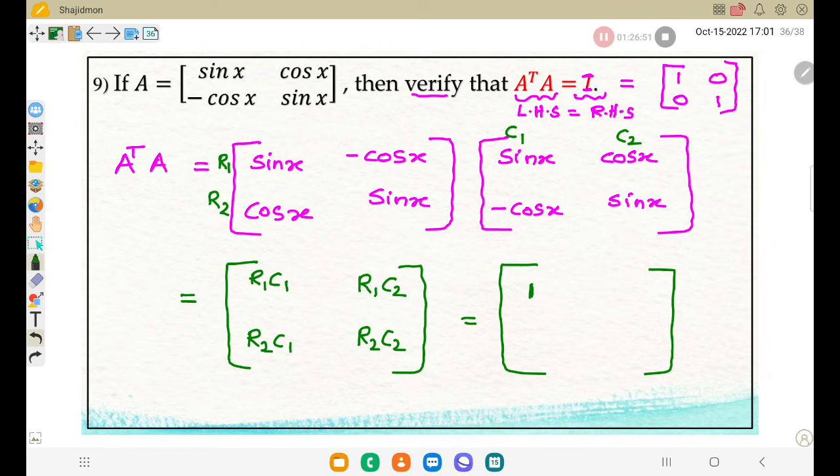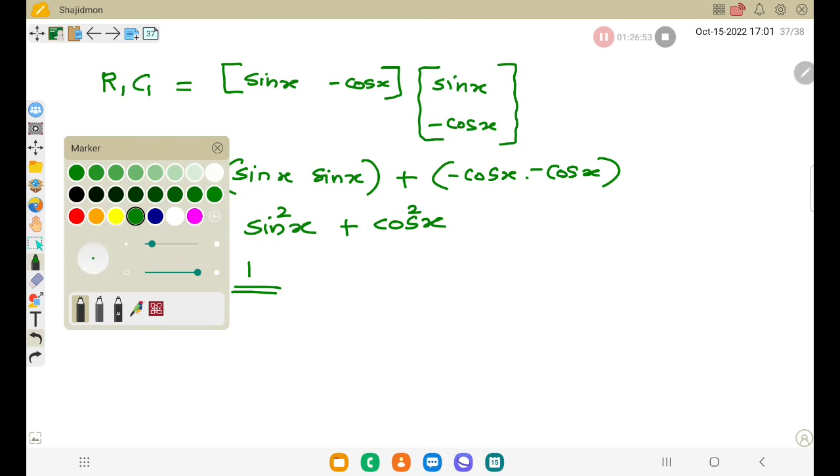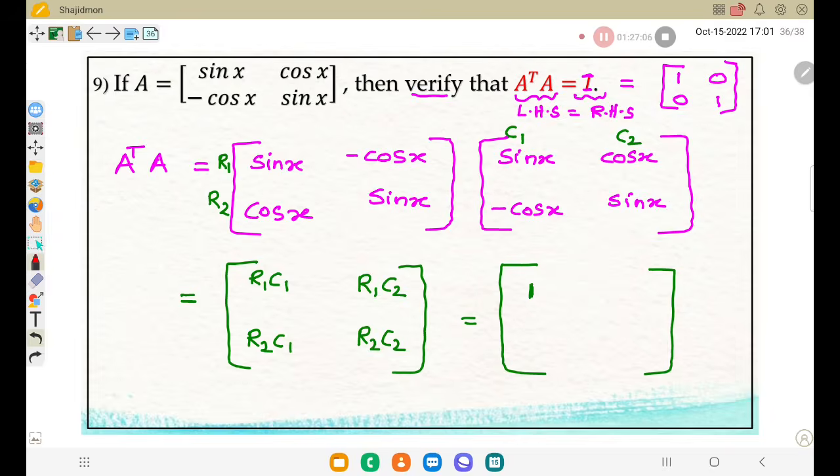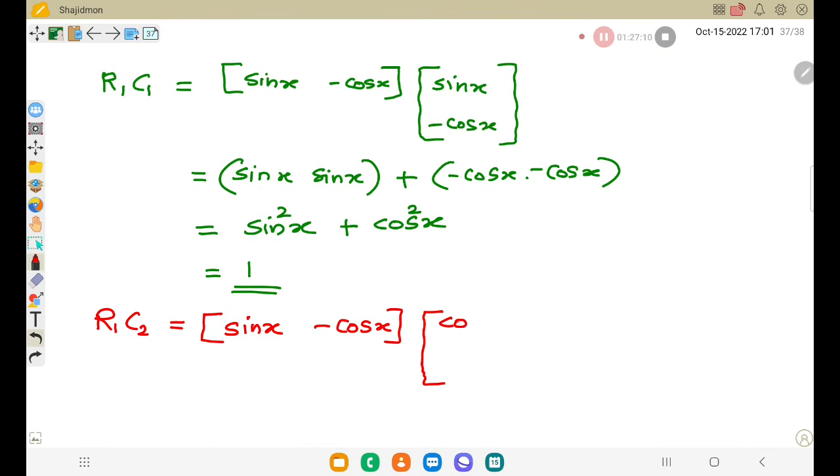Now R1C2, first row with column number 2. The first row is sin x, minus cos x. Multiply with column number 2, which is cos x and sin x.